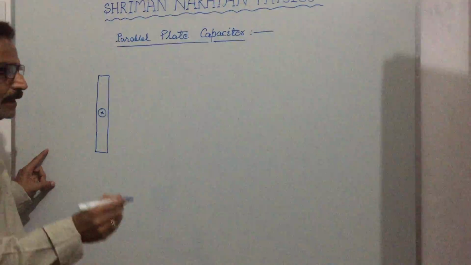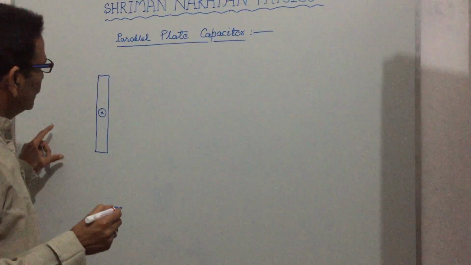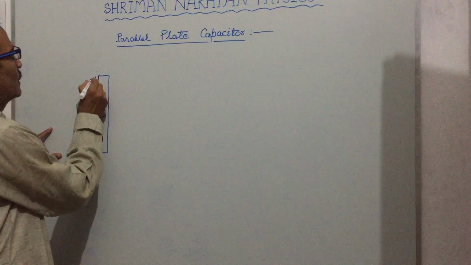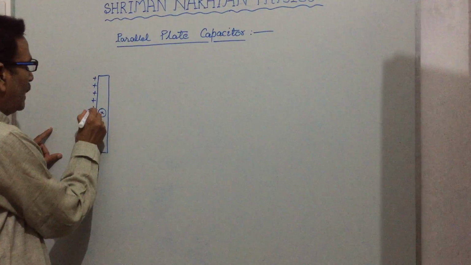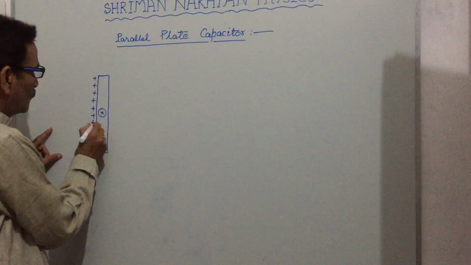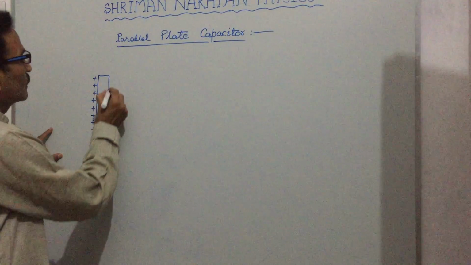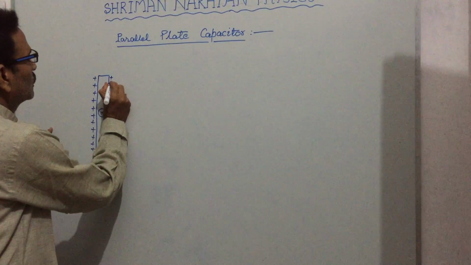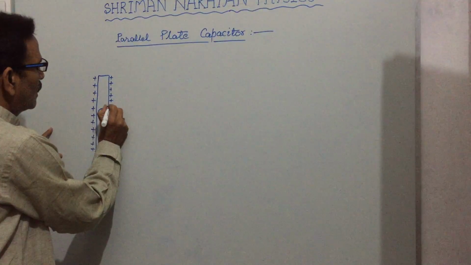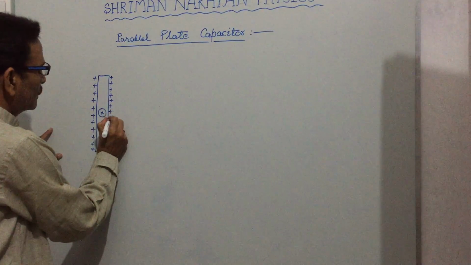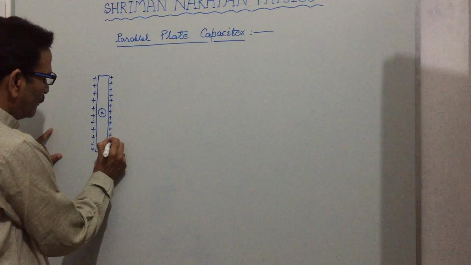Let it be marked by X, and suppose on this metallic plate positive charge, plus q coulomb of charge, is supplied. When this plus q coulomb of charge is given to this metallic plate, this charge will spread out over the entire outer surface of the plate. You can see it is clear from the figure.